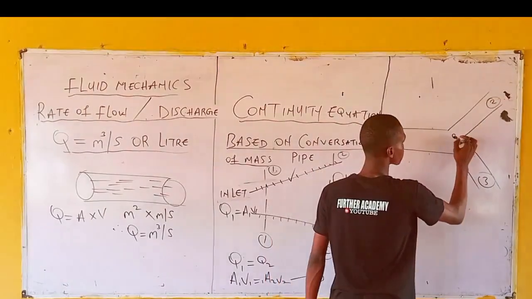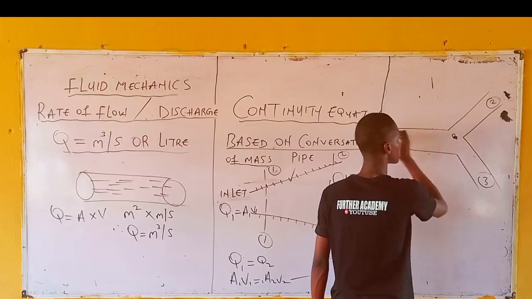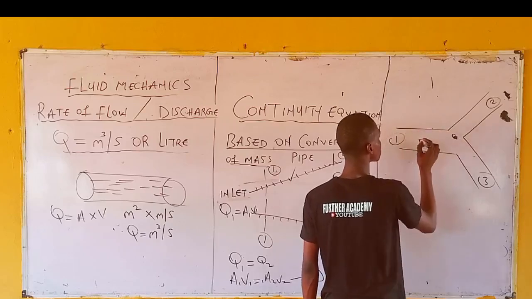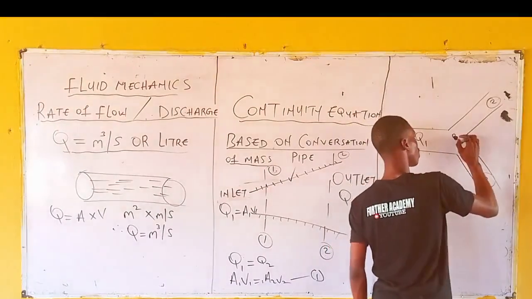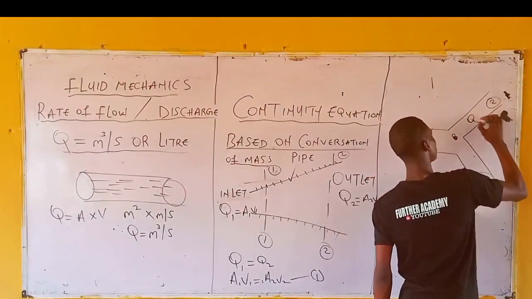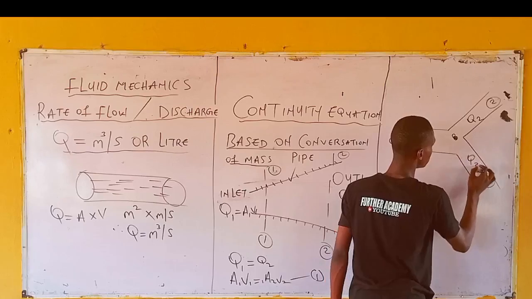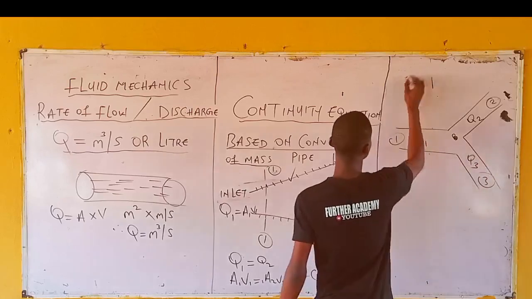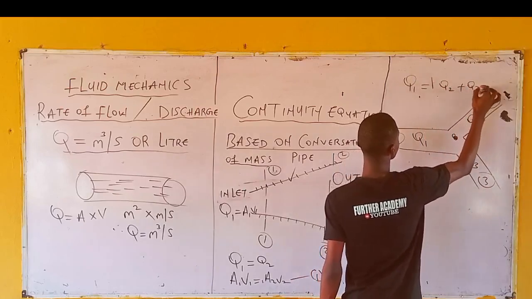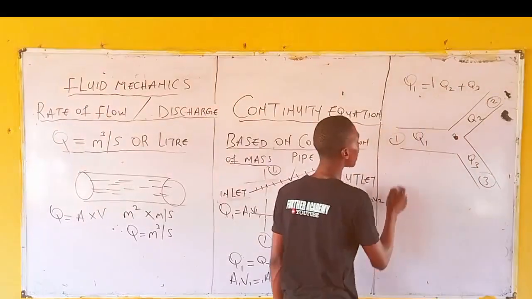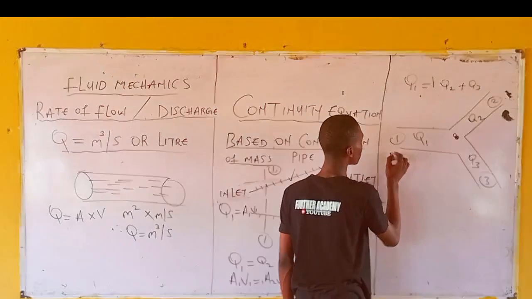This is a junction, right? For section 1, the flow entering it is Q1. By the time Q1 gets to this junction, it's going to split, meaning you have Q2 and Q3. By the continuity equation, Q1 is equal to Q2 plus Q3.